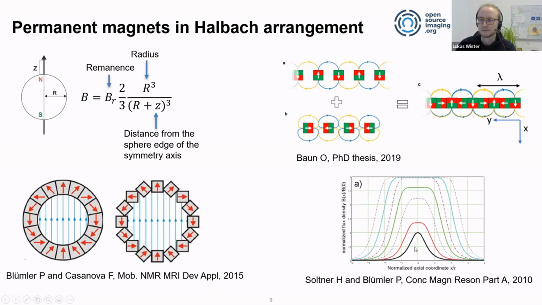And then using not one ring but multiple rings, you can spread the region of homogeneity. And this is interesting because you can discretize this into small magnetic material and make it basically a little bit more effective to use permanent magnets for this application without having a huge, costly, and very heavy magnet.